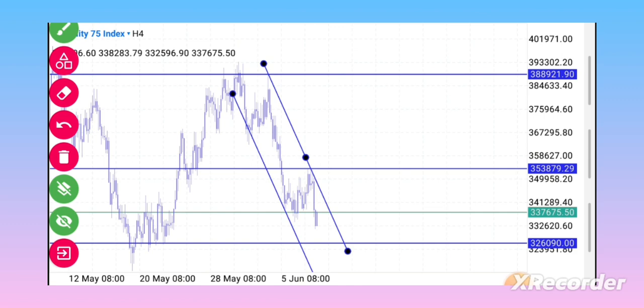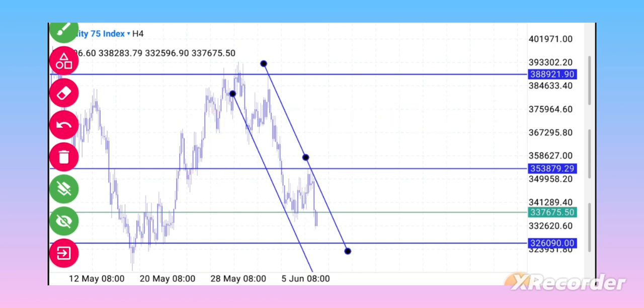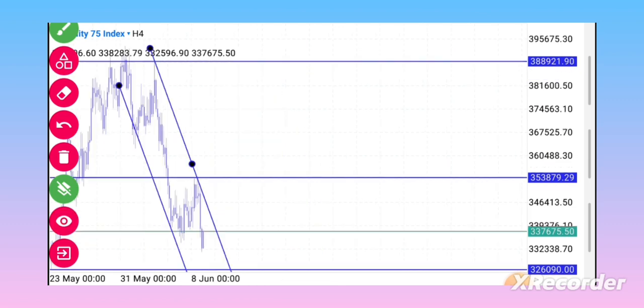This hack does not work on consolidation or sideways markets. It works only on a downtrend or an uptrend, because it's a pattern which shows that the market is going to change its direction. Are you getting the point, guys?